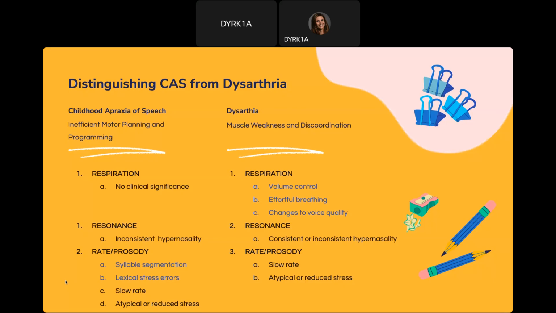If I want to say light, first I need to plan and put my intention, my cognition, onto this, and then my brain needs to send those signals to my mouth in a specific sequence, timing, and rate to be able to make an approximation of that sound or that word.